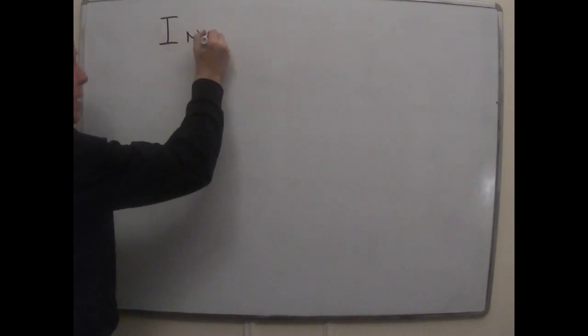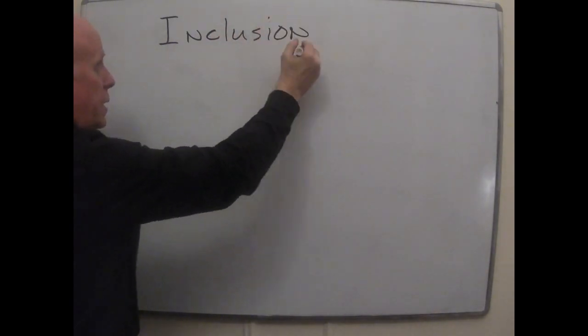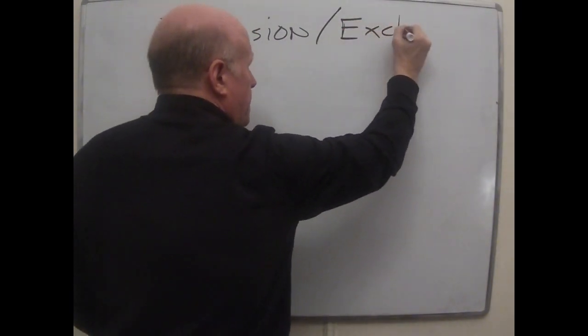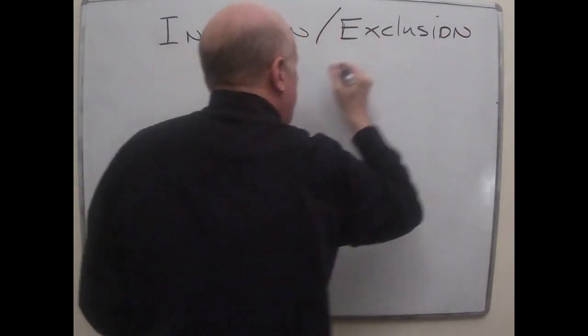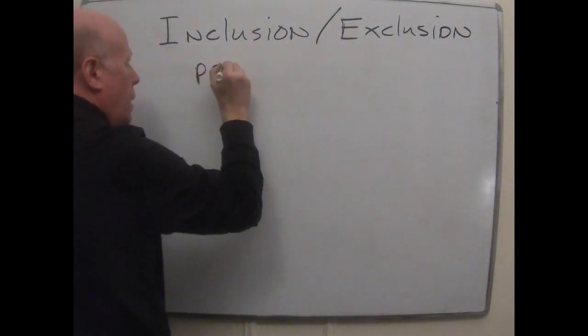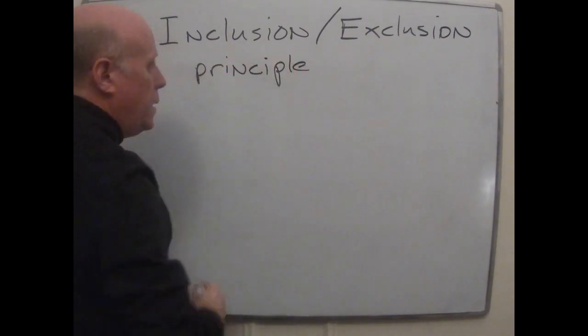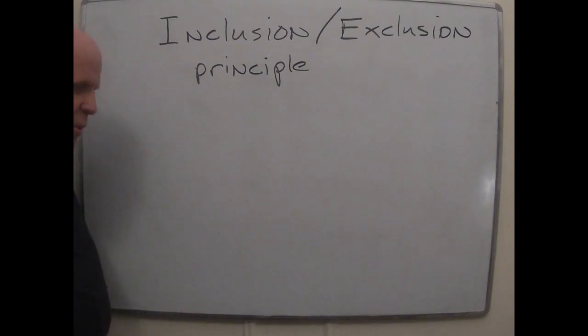So the result that lets us count things in more general situations is called the inclusion-exclusion principle. And it's really nice. You don't need this, like I said, difficult thing maybe to come by, the partition of the set.